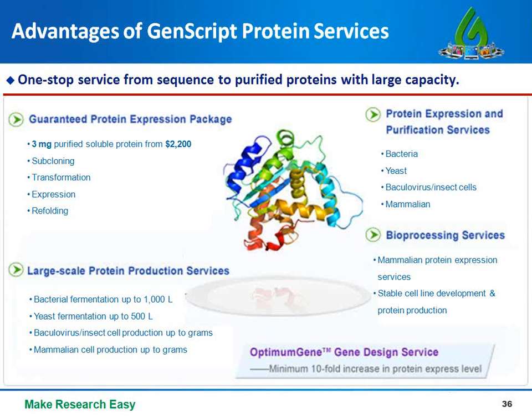Another big advantage of GenScript protein services is that we are one-stop service from sequence to purified protein. What we need from you, just the protein sequence. We start your project with gene synthesis, in which codon optimization is typically incorporated. We guarantee the amount of the protein and the purity of the protein.